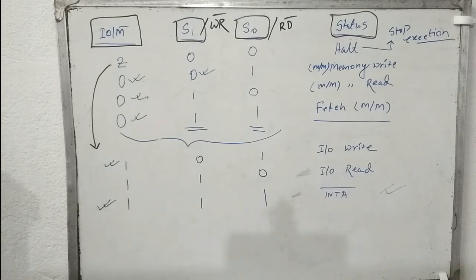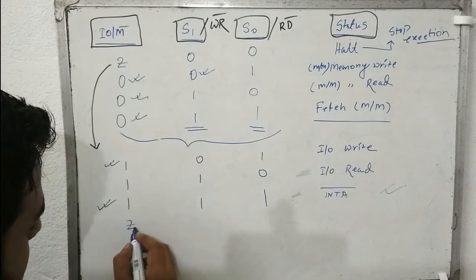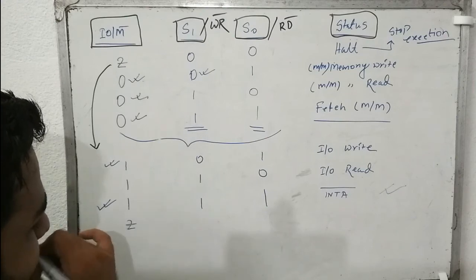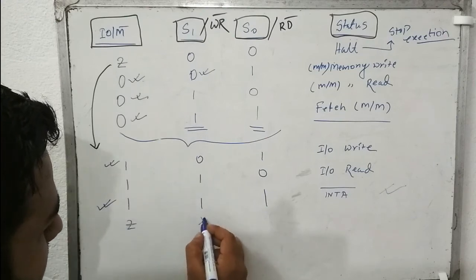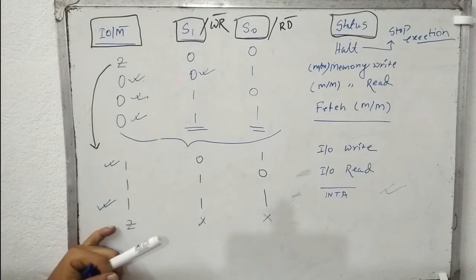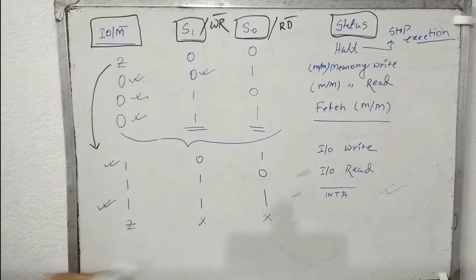And the next two signals, one is Z. These two signals are completely similar to each other. One is Z, with XX, don't care, here. When the control signal gets that kind of signal, it means high impedance.